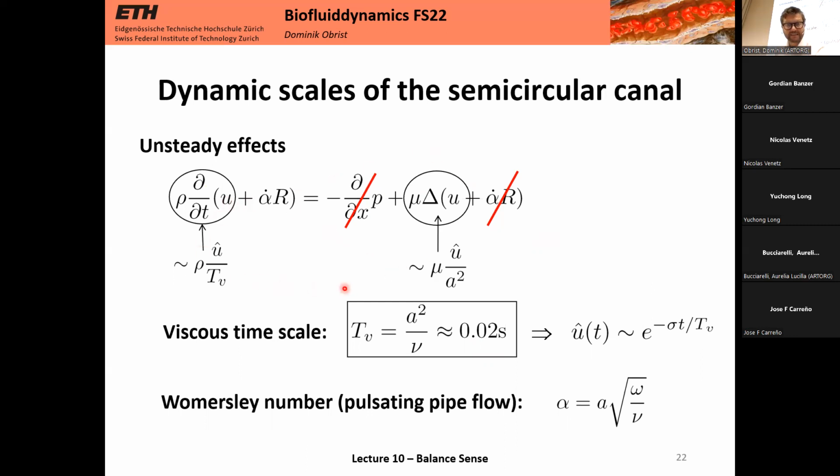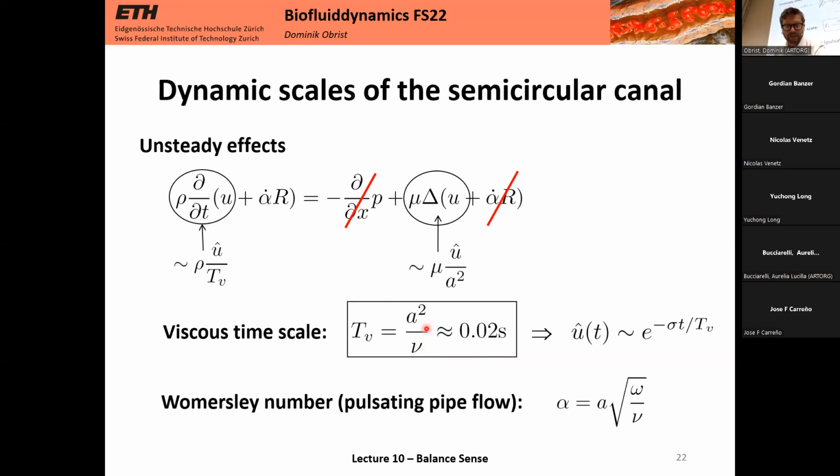And if we do this balance again, we end up with a term which looks like a² over ν. And we actually start seeing that we're getting exactly in this range of these 10 milliseconds, or here 20 milliseconds, but we're really getting into the range of the reaction time of this reflex.